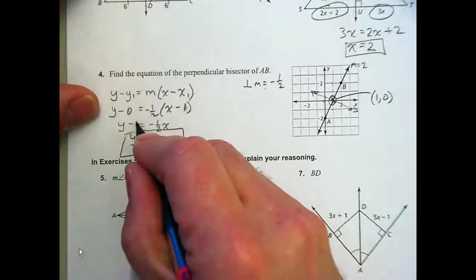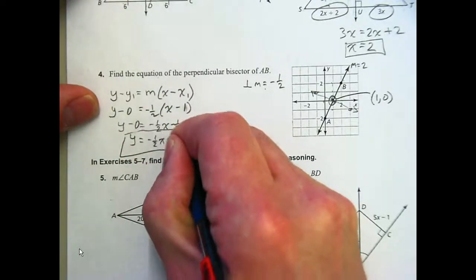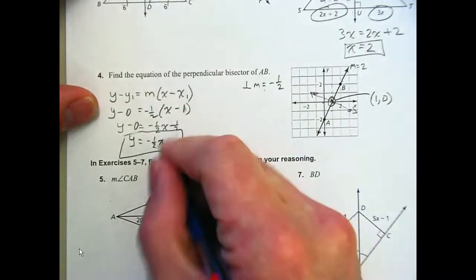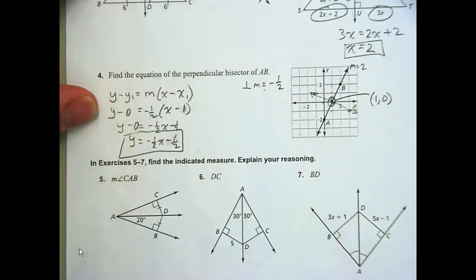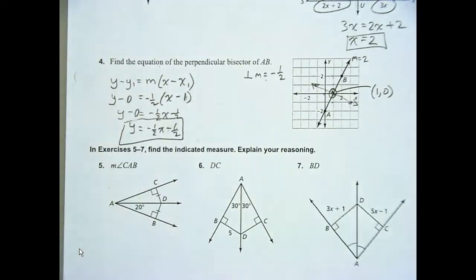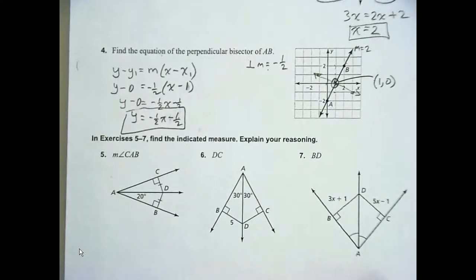So when I do that, this should have been negative 1/2. And then that makes this minus 1/2, which I think, Maddie, that's going to fix how yours didn't match up. Okay? Thank you for pointing that out. Alex, was that what you were going to say too? I appreciate everyone pointing that out. Good job following along there. Nice work.